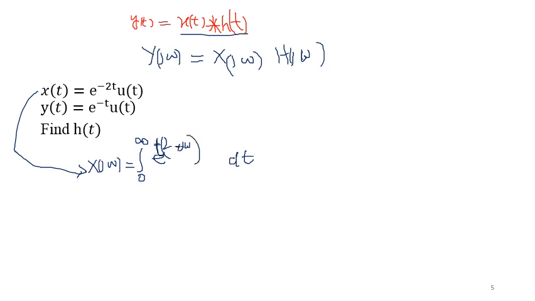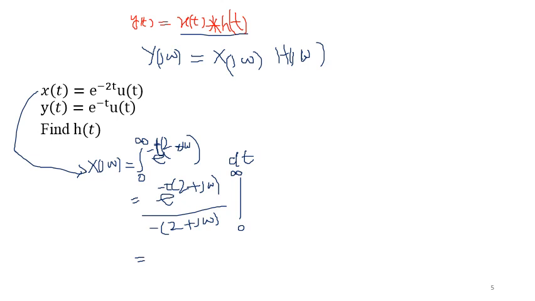Now the integration of this will be e to the power minus t times (2 plus j omega), divided by minus (2 plus j omega), with the limits of integration from 0 to infinity. To integrate, you put in the upper limit and subtract the lower limit.